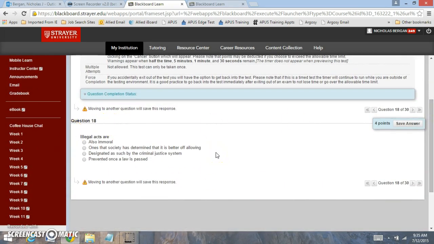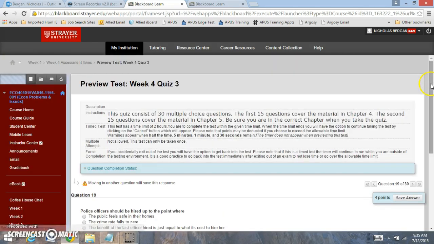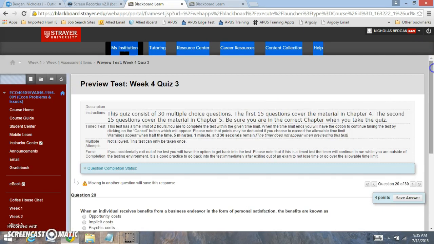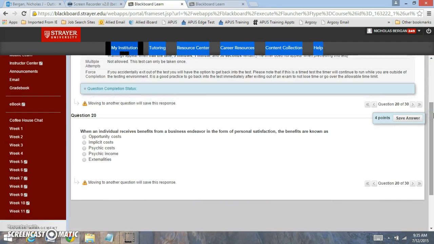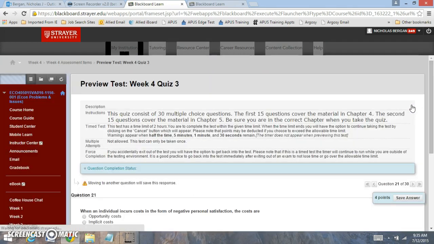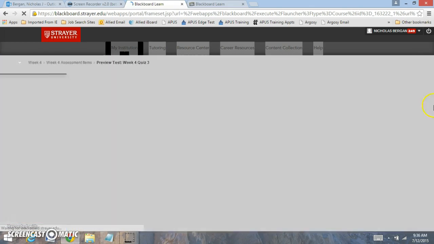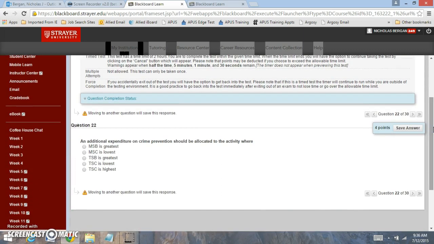Illegal acts. Looking at the analysis that we developed in week 4. This is looking at marginal benefit and marginal cost. This is looking at cost right here.